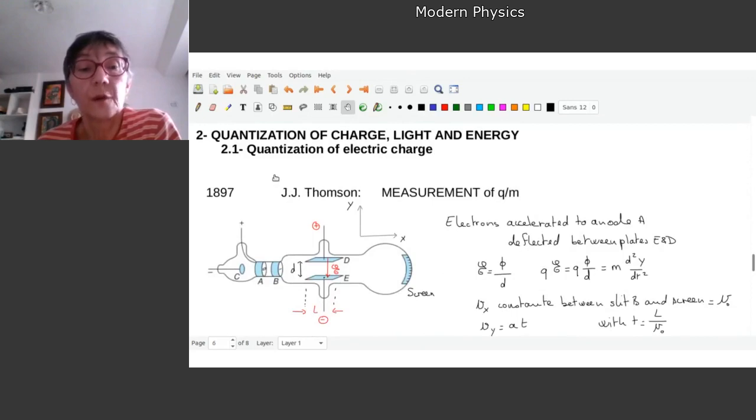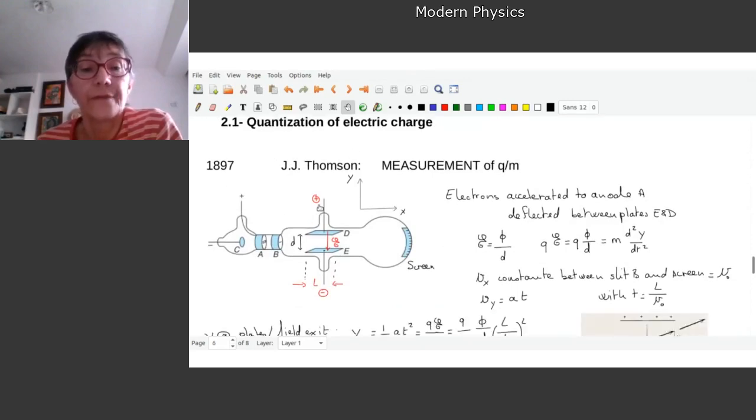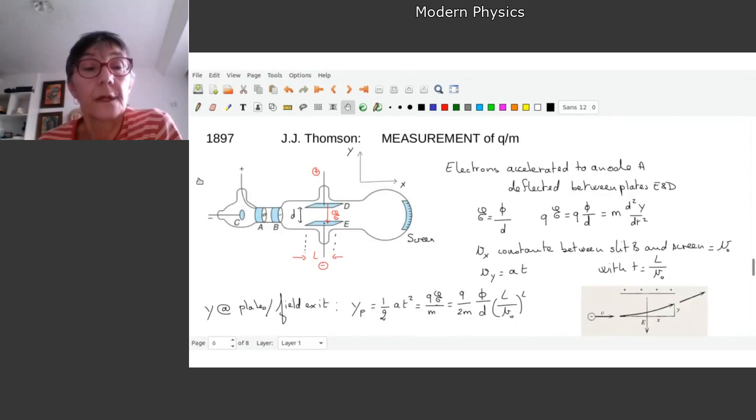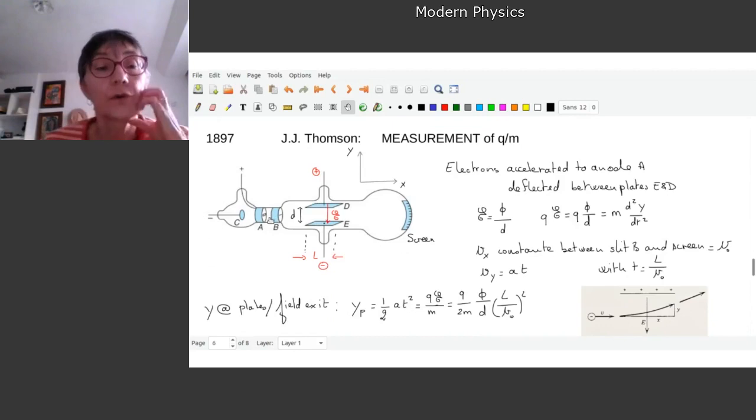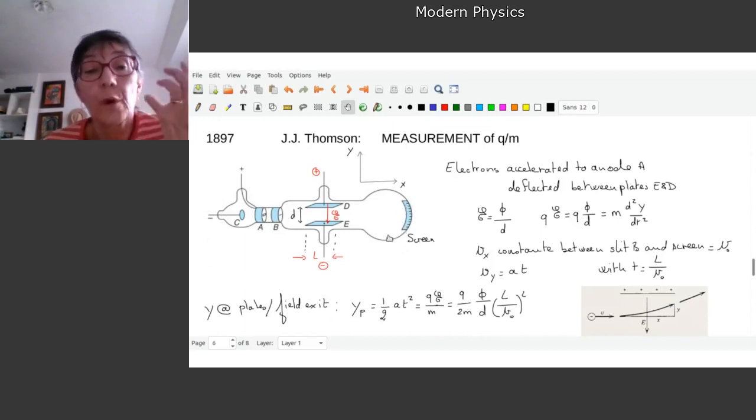So what did J.J. Thomson do with this arrangement here? Simply, if you don't have these electric plates D and E here, your ray of electrons will go directly to the end of the bulb, okay.